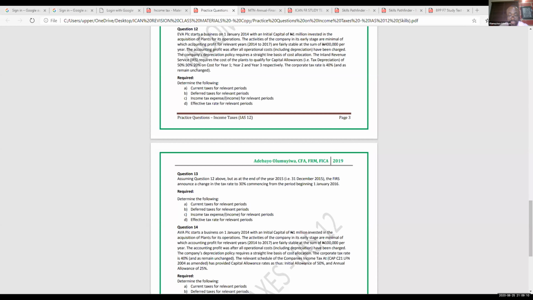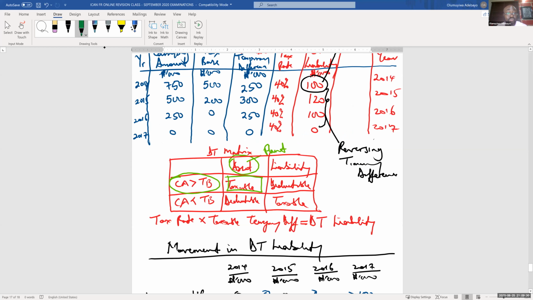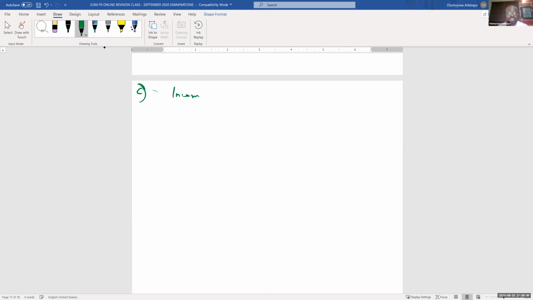Therefore, that's our C. Remember that is B. Therefore, my C says, what is our income tax expense for 2014 to 2017?